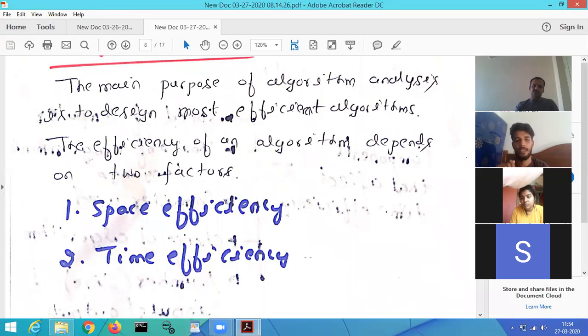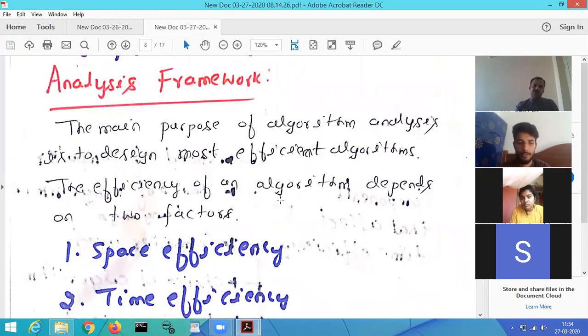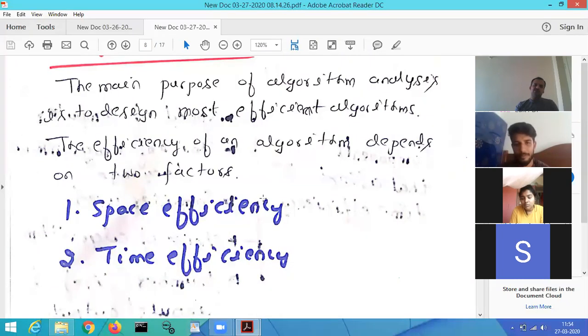If I want to analyze an algorithm, analysis can be done by designing the most efficient algorithm. If I want to select an efficient algorithm, then I require two factors: the space efficiency and the time efficiency.